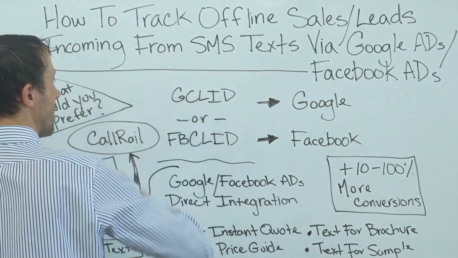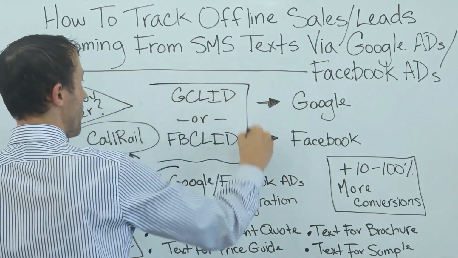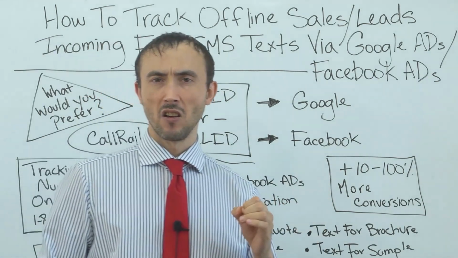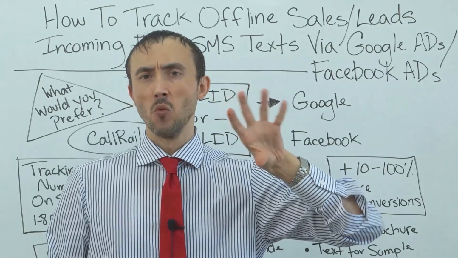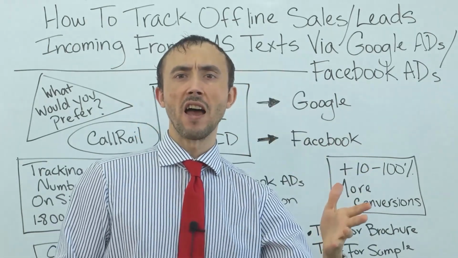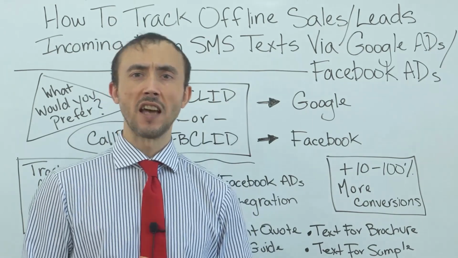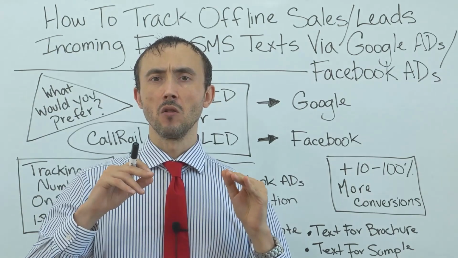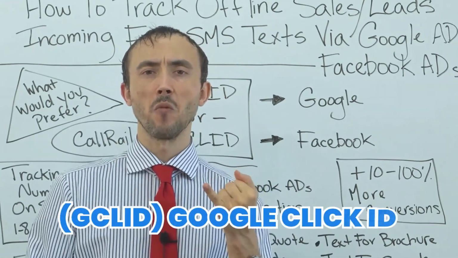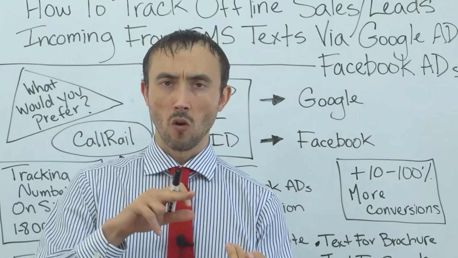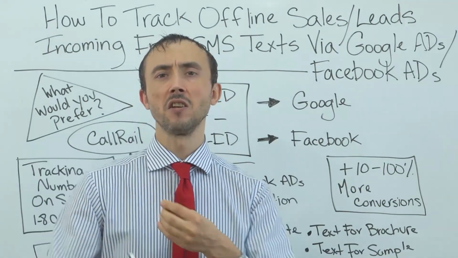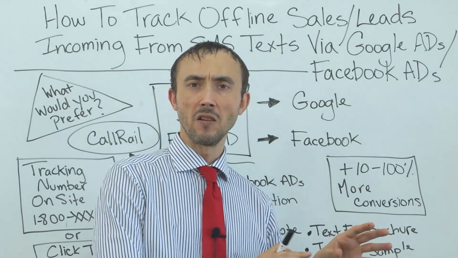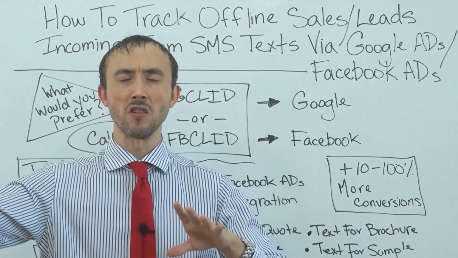The next thing I want to mention: if you want to track offline conversions, you want to track when somebody texts you, whether or not that lead turns into a sale, you can do this by picking up what they call the Google Click ID or Facebook Click ID, which is a unique serial number tied to each click, and storing that in a database or a spreadsheet somewhere until that person purchases.